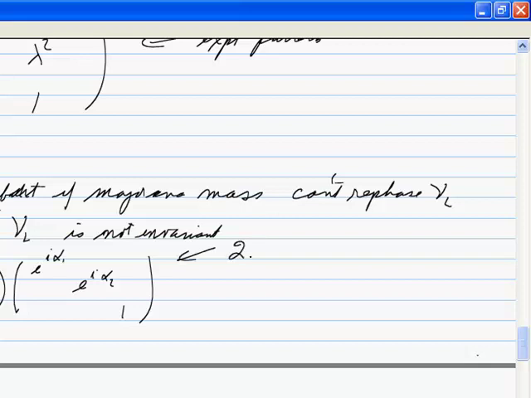So there's 2 extra phases which you can remove or not depending on whether the mass is Majorana. But that's then interesting. These phases are unobservable except if you do Majorana masses.